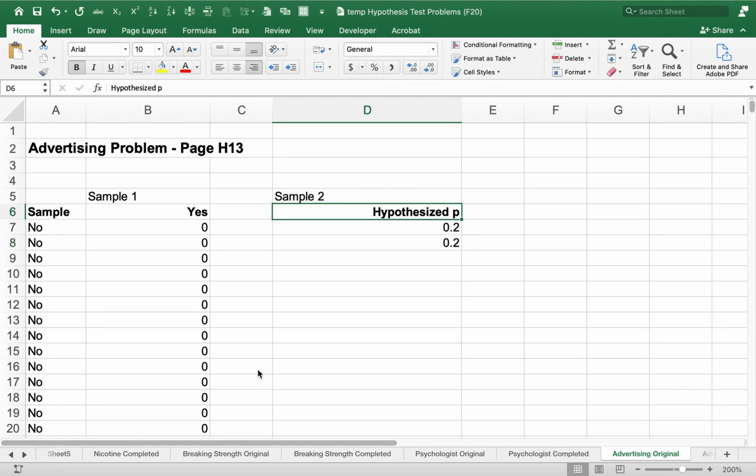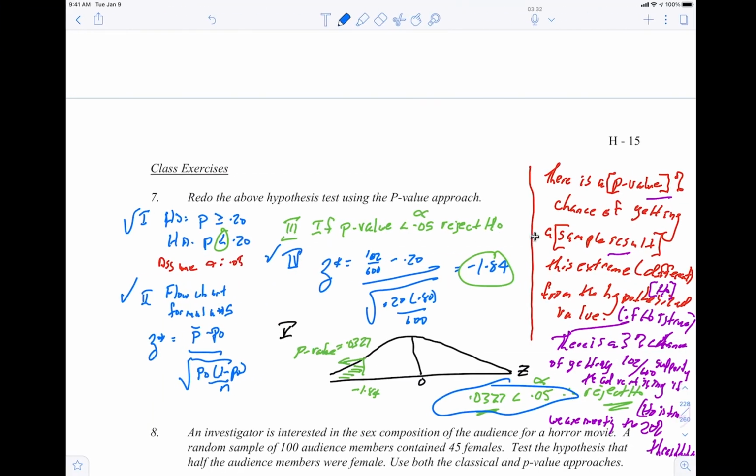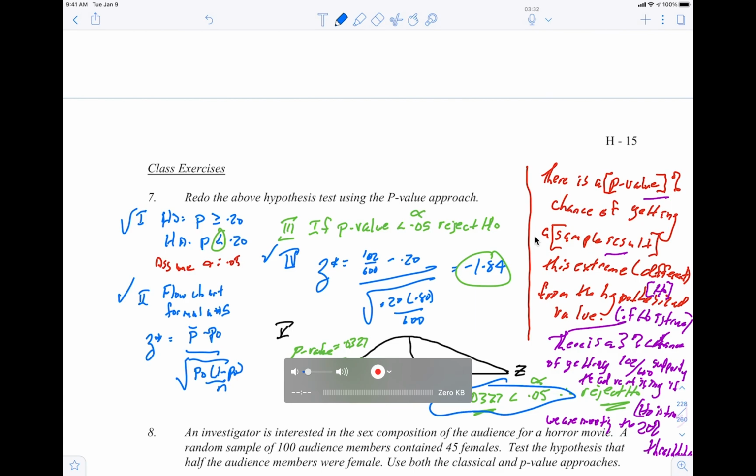Because this is a Z test, you only have to put it in once, but I'm going to put it in twice just so that we're using the same standard every time. Okay, now we're going to have to put in a variance, and the variance that we're going to use here is, well, let's go back here to here.